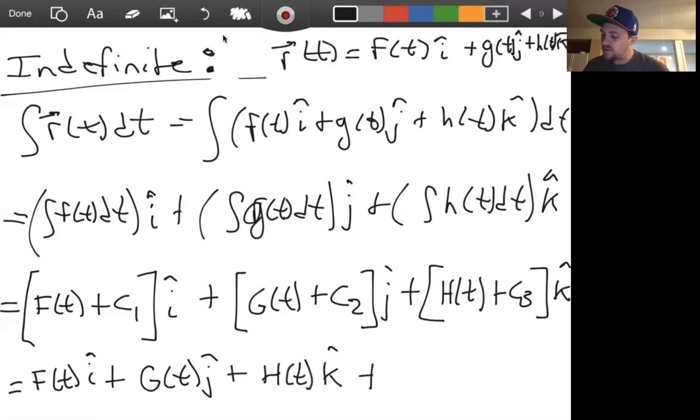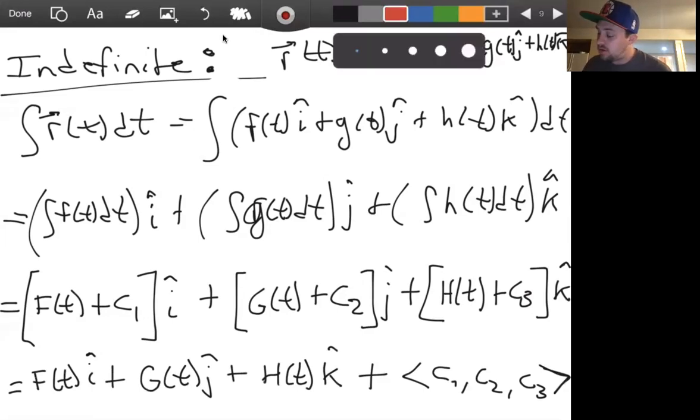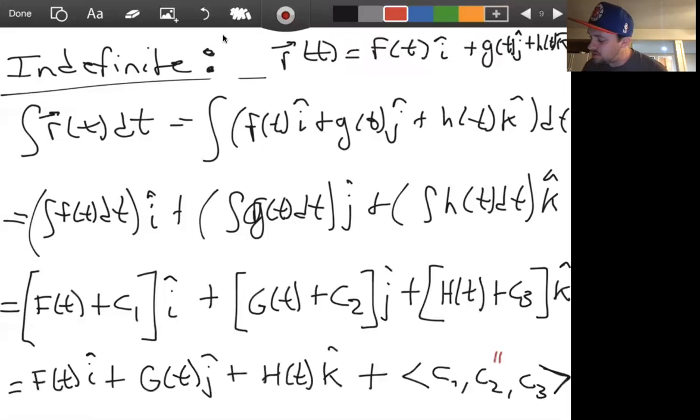And then notice we also have this vector here, c1, c2, c3. Let's call this vector C here. Now our constant of integration is a vector and not a number.